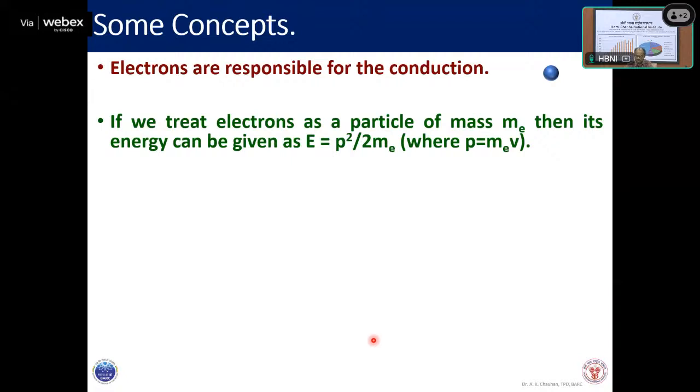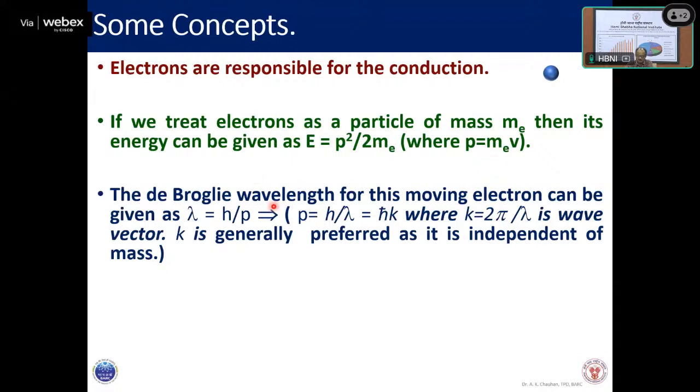Because the mass of this electron is very low, the wave nature is dominant, even if it starts gaining slightly higher energy. If the mass of the electron is m_e, the energy of that electron can be given by p squared by 2m, where p is the momentum, and momentum we know is m into v.